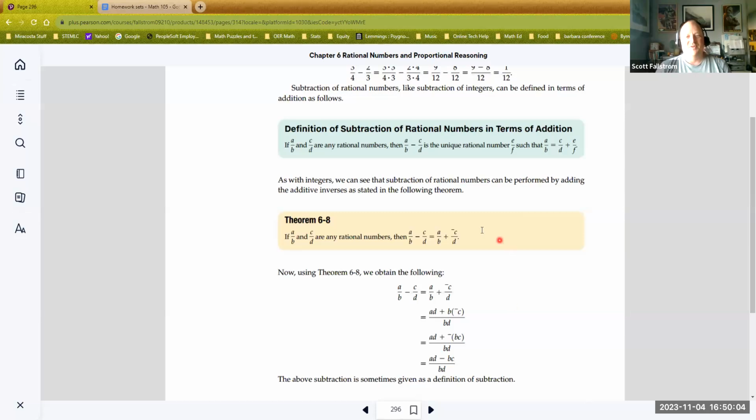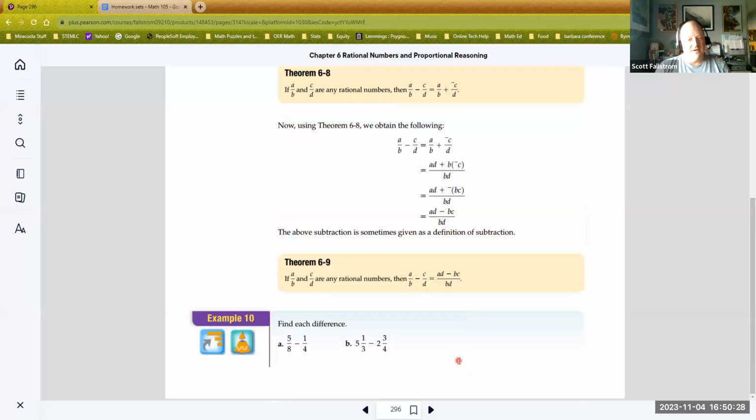You'll notice some of the theorems look exactly the same. If I subtract two rational numbers, that's the same as adding the opposite, or the additive inverse. And the definition of subtraction in terms of addition is one fraction minus another fraction is the unique fraction so that I can add and get back to what I started with. So nothing really shocking there.